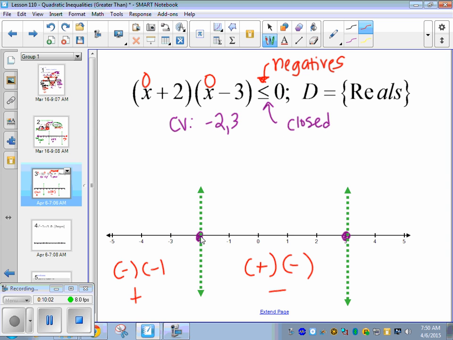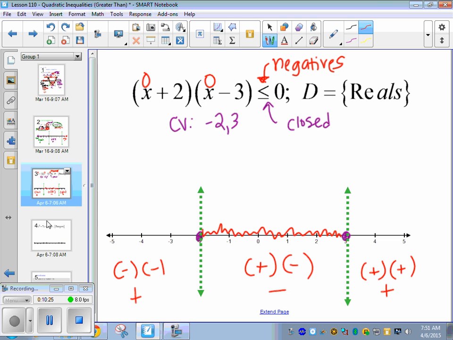My domain is real numbers, so we would shade this region. Okay, and I do want you to show me that you tested all the regions. So if we plug in 4, we get a positive times a positive, which is a positive. Okay. So for less than, we're looking for negative solutions. Greater than, we're looking for positive solutions. Everyone pretty good with that?